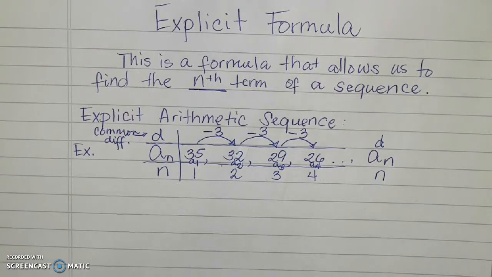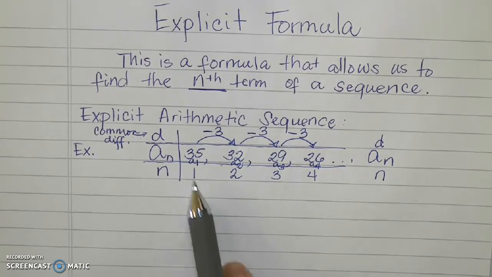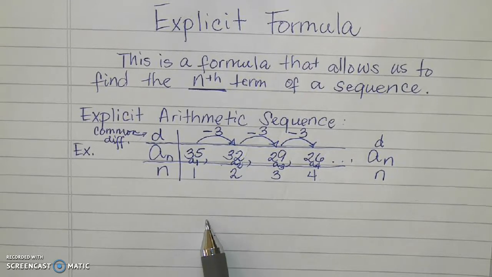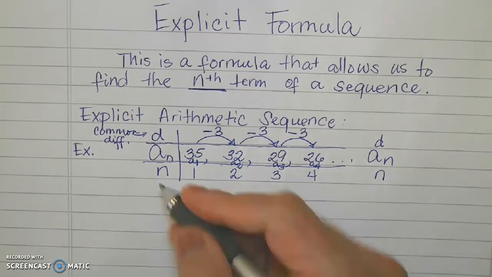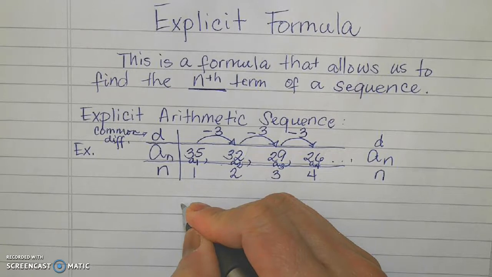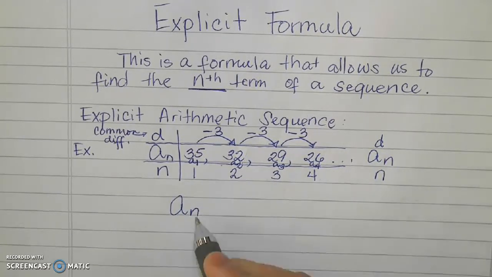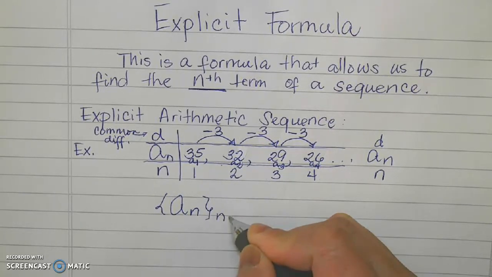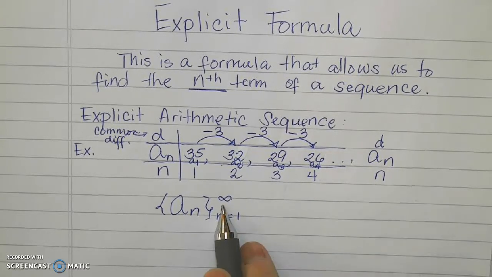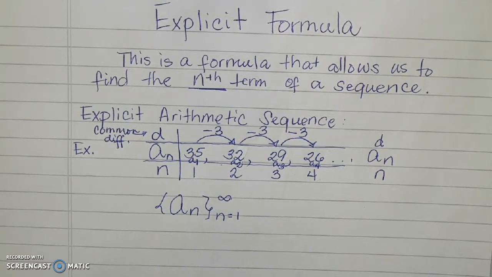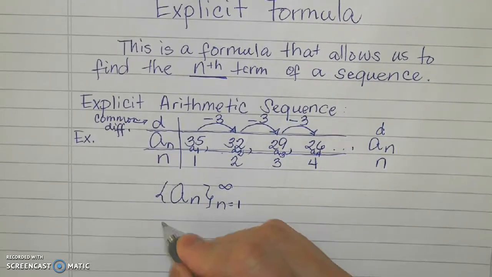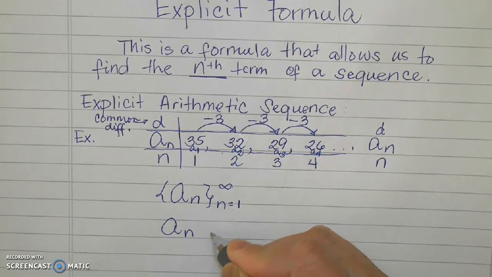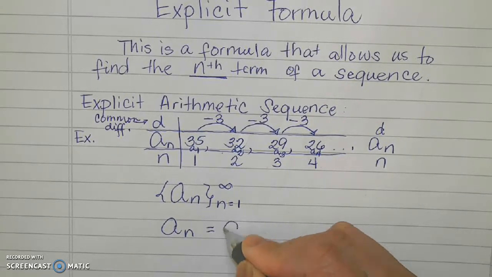So how are we going to, let's look at this. Let us have the equation. What you need is for you to get your A sub N, by the way, N can go from positive 1 all the way to infinity, because really your sequence can go all the way to infinity. Now we need our first term.